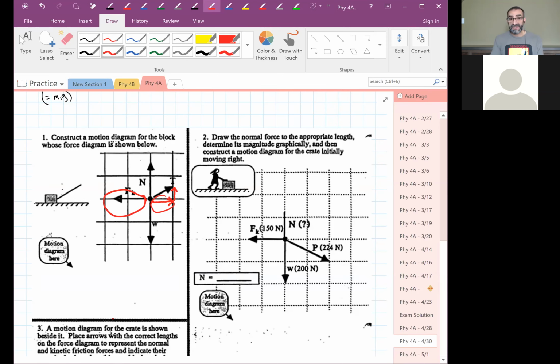But there's tension in that string, right? So the only way we can have tension in that string is if we're pulling on the box a little bit. So the box must be moving to the right, but slowing down. Does that make sense? I'll use red. So it's doing something like this, right?